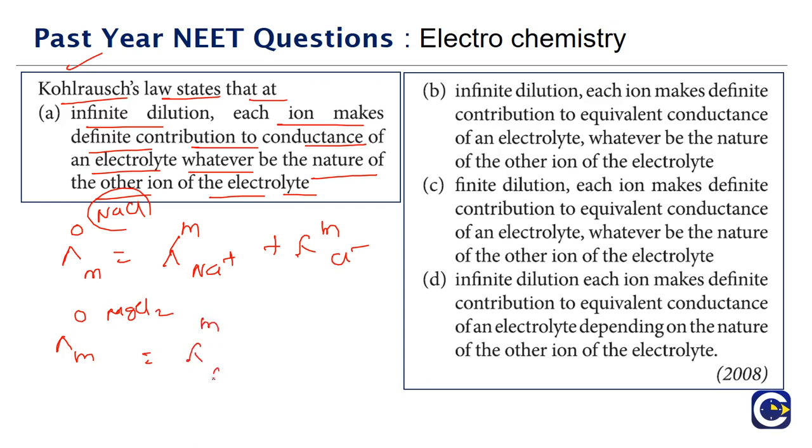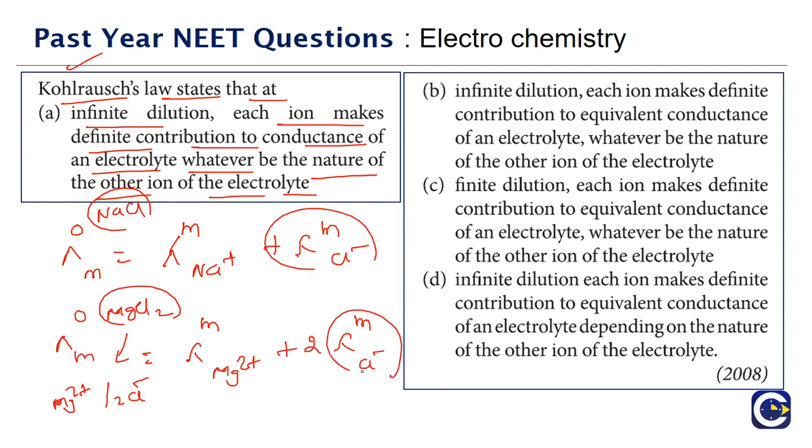The molar conductivity of magnesium ions plus, because MgCl2 gives 1 magnesium and 2 chloride ions, 2 times the molar conductivity of the chloride ions. So here in both the formula, right, if we are having chloride ions, we are not looking at whether along with chloride ions, it is Na+ or Mg2+. So each ion is making definite contribution, the number of times it appears in the formula of the substance. So the molar conductivities, right, will be multiplied by the number of times they appear in the substance.